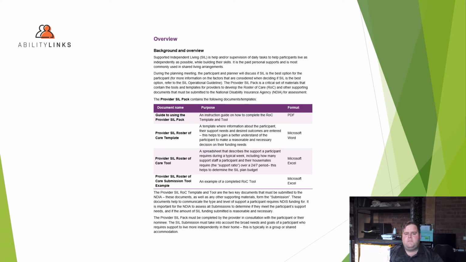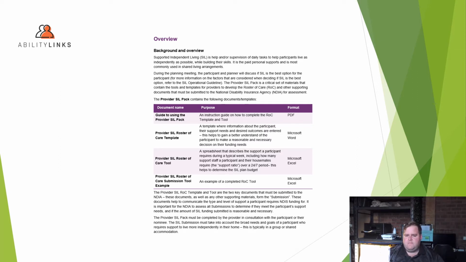So supported independent living is help or supervision of daily tasks to help participants to live as independently as possible. During a planning meeting, the participant or planner will discuss if SIL is the best option for a participant. If they're already in SIL, there's a good chance that they've already decided that SIL is necessary.